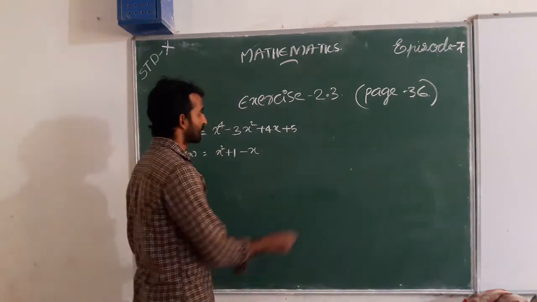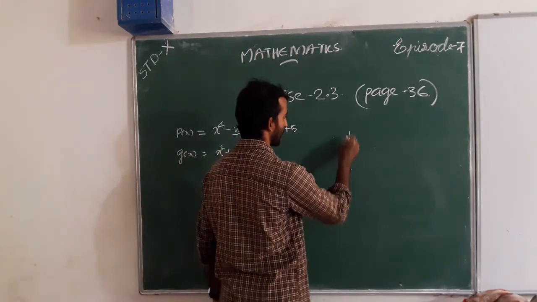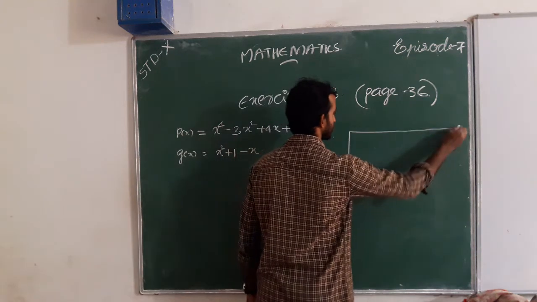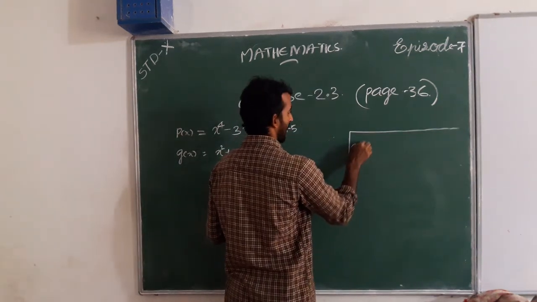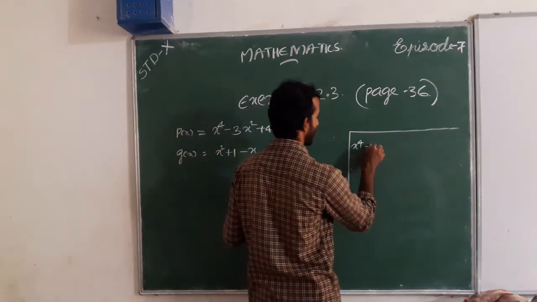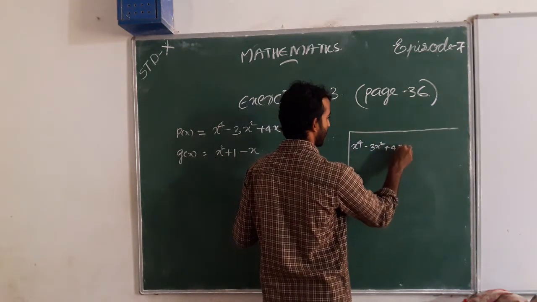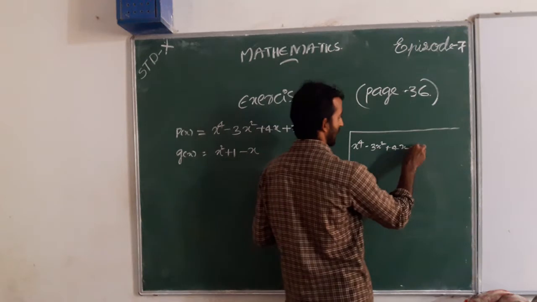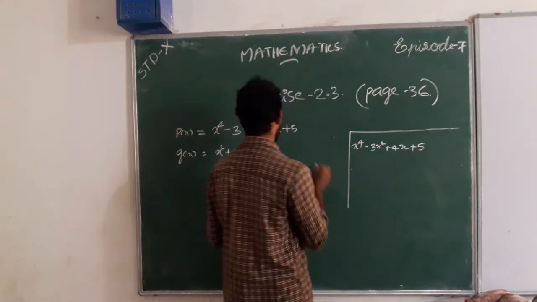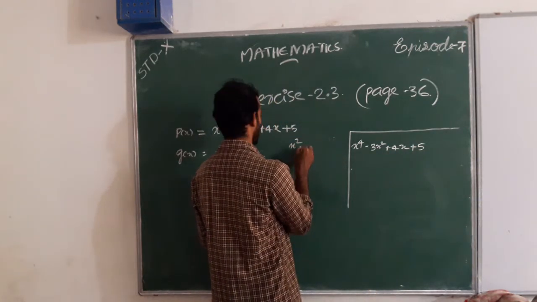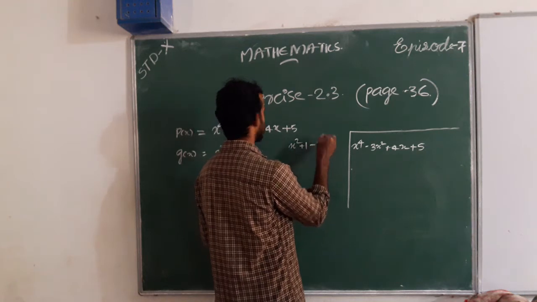That is, x raised to 4 minus 3x squared plus 4x plus 5, divided by x squared plus 1 minus x.